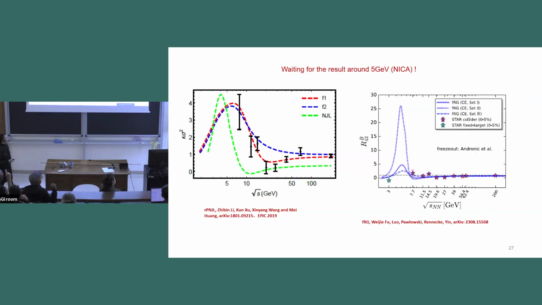This is a prediction from the model, from effective QCD models, holographic QCD, and also these FRG calculations. But the location of the CEP is almost the same.